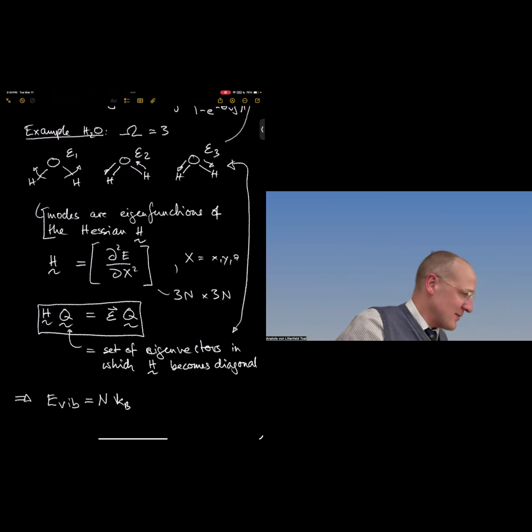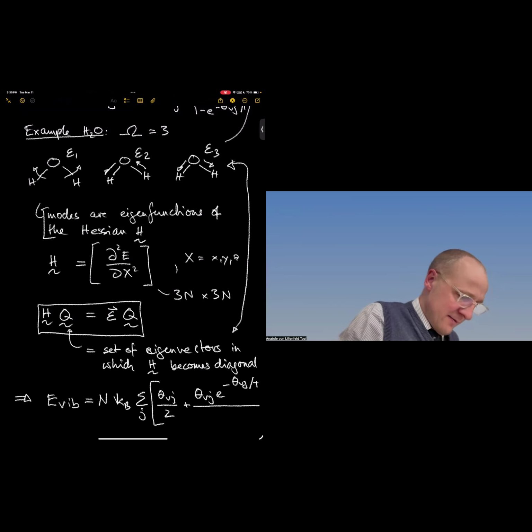So the number of systems times kB, sum over all my modes, theta_vj over 2 plus theta_vj e to the minus theta_vj over T, divided by 1 minus e to the minus theta_vj over T. Okay.